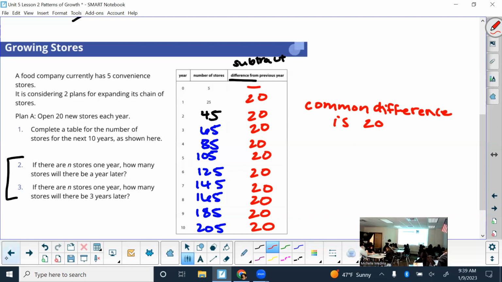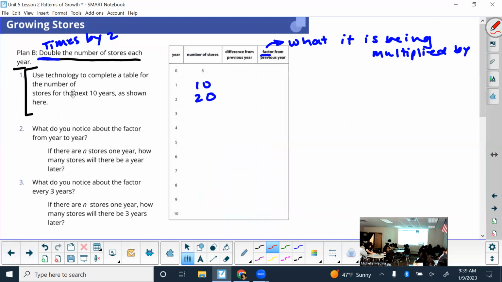Now on to plan B, where the rule is that it's doubling each time. What table are we on? Are we on table 3? I think so, we'll just go with that. Table 3, for plan B year 3, what's the number of stores? Thanks, table 4, for helping out.